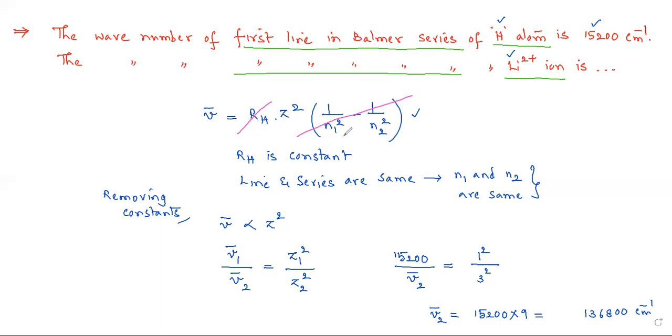Even if you write, they get cancelled, so no use of writing that. Therefore, you can just remove that and simply solve it. Okay. Now, let us go for the next one.